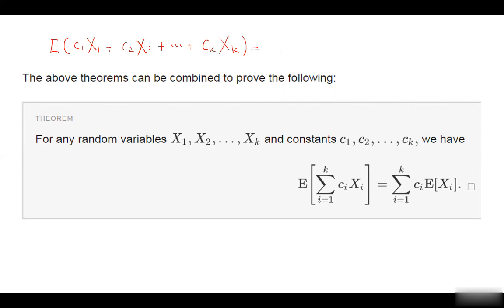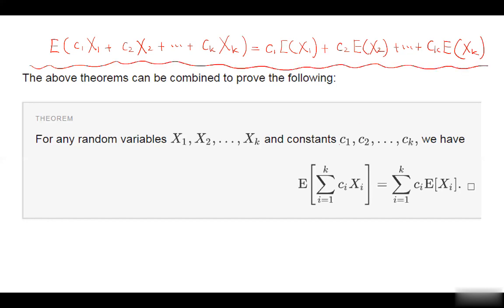You can first calculate each expected value of the X's and then multiply by the coefficient and then calculate the sum. Again, this is a very useful property that you can use to simplify your calculation sometimes. You can either remember this or this in short. Please write them down in your notebook.